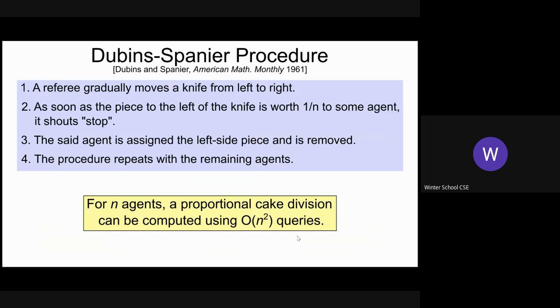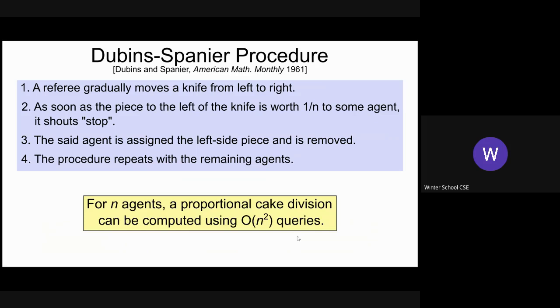Whatever I'm talking about here assumes that people are all nice and truthful, right? They tell you what they believe. But they don't have to. So that is a game theoretic angle on the whole problem. If people are allowed to misreport their preferences, what are they going to tell you? This is easy to see even in the cut and choose protocol.